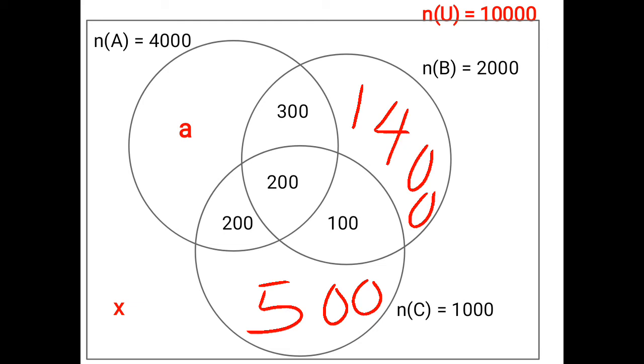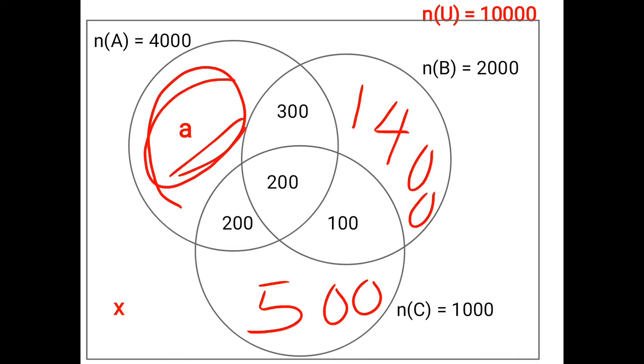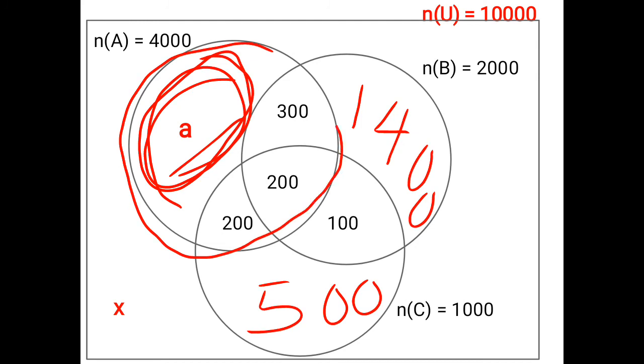All right. Now I am looking for my A. So the question says I should find the number of students who read only this newspaper. Number of students who buy newspaper A only, which is where I've put my A. I know if I add this whole circle, it should give me 4000, right?